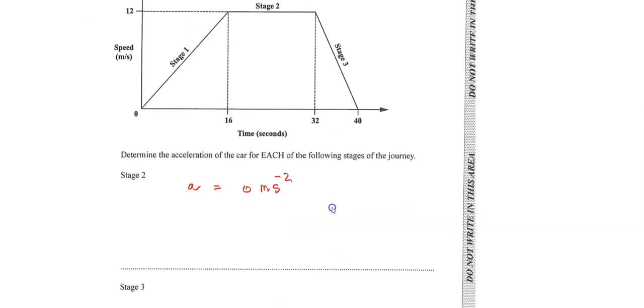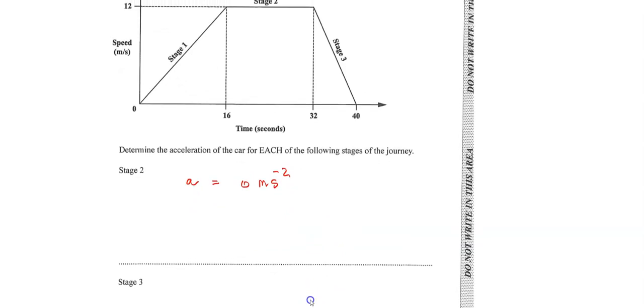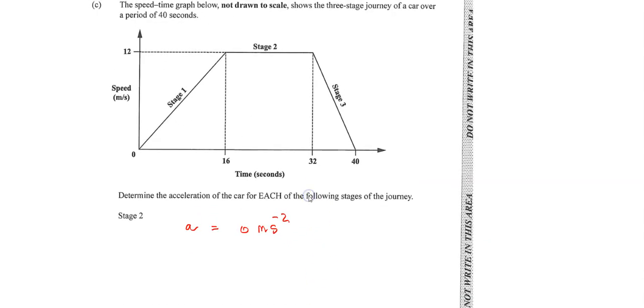Let's look at the next part of the question. Stage 3. Okay, so when we look at stage 3 there, we can see that the velocity is 12 meters per second. And the time between here and here is just 8 seconds, yeah? And we know that acceleration is velocity over time.